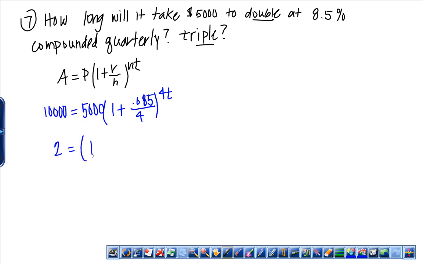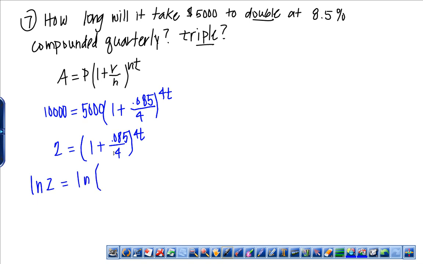I still have my 1 plus 0.085 over 4, quarterly. Okay, so in order to do this using log, we're kind of at a standstill doing this by hand. What I would do is natural log both sides at this point. You could use log, but again, I like natural log.